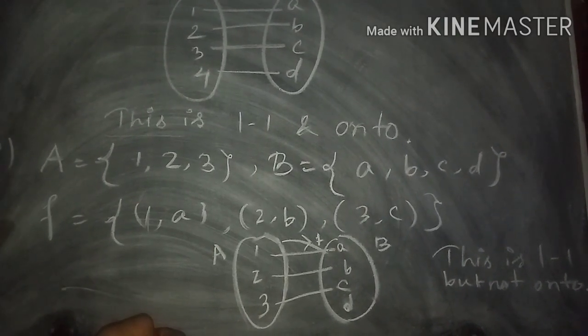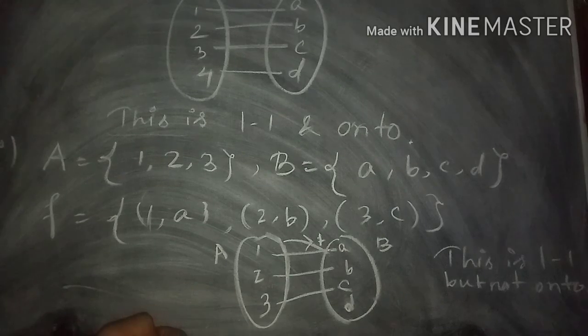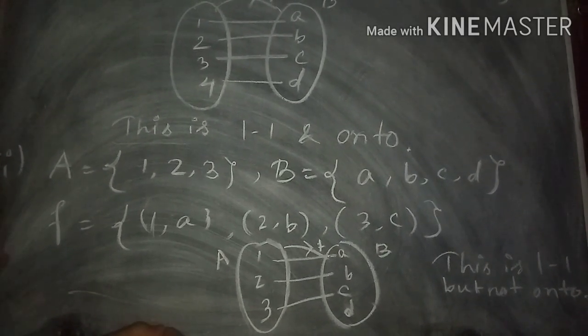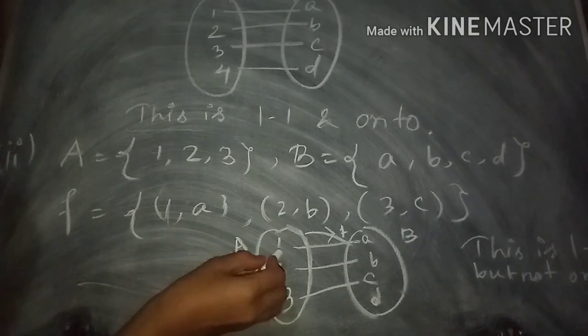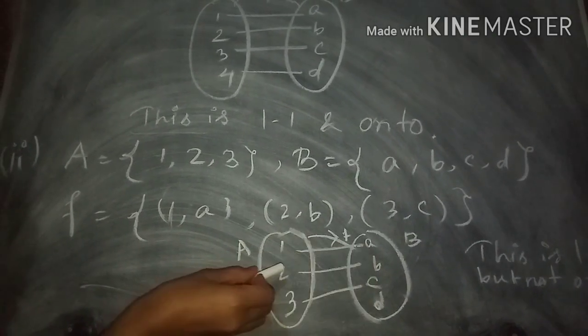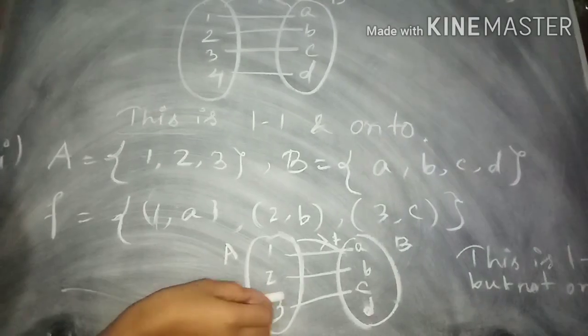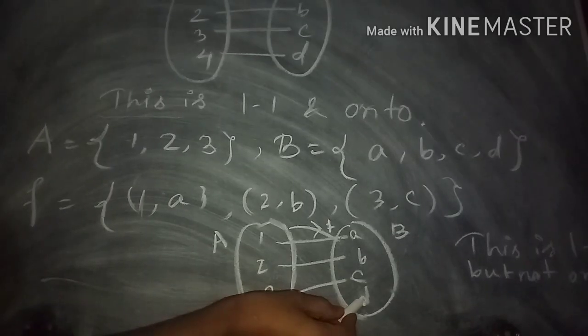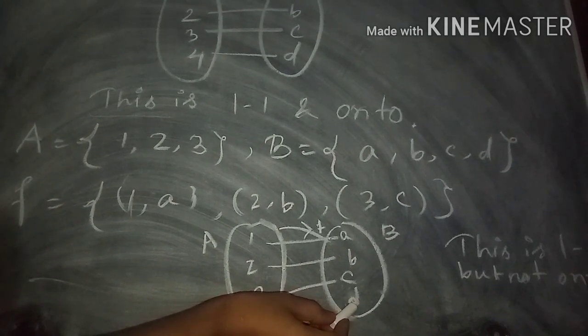It may be 1-1, it may be onto, or it may not be 1-1 or may not be onto. Let's see. So the figure shows 1 goes to A, 2 goes to B, 3 goes to C. And in the set B, the element D remains unrelated.